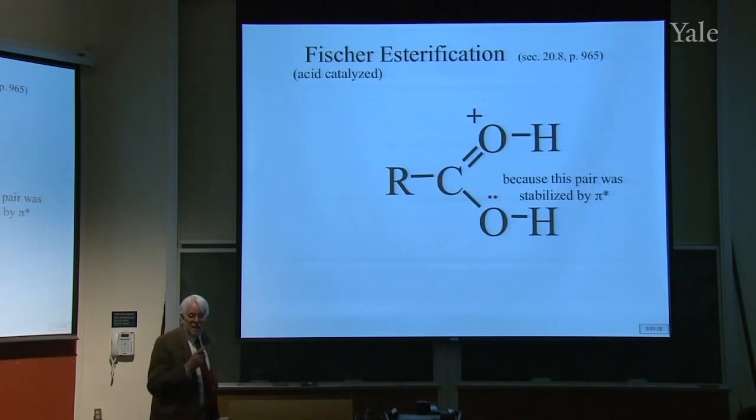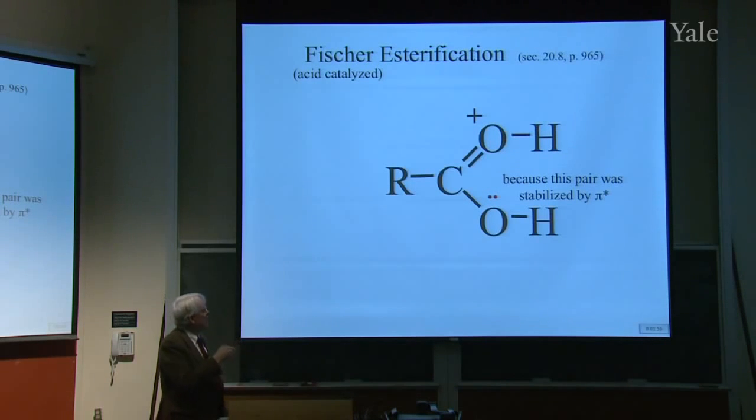Why protonate this one instead of that one? Well, notice in the starting material that this unshared pair is stabilized by the low LUMO next door. So that makes it a little harder to protonate, right? On the other hand, the one that's up here could be a lower energy one if it were in those sp2 orbitals. So that would suggest that this one might be better, right? But it's killed by that.